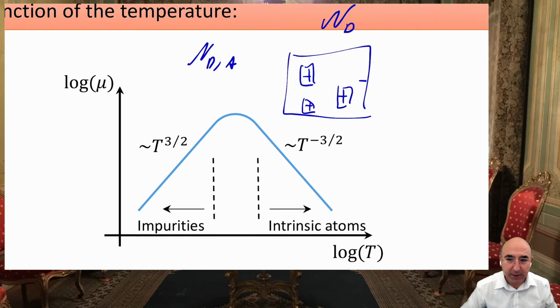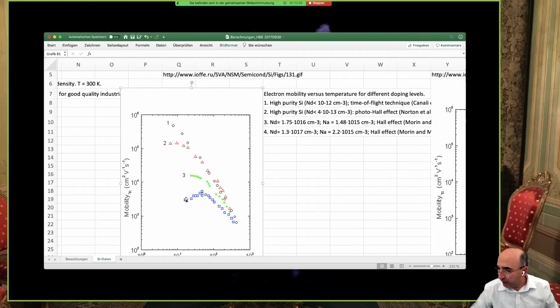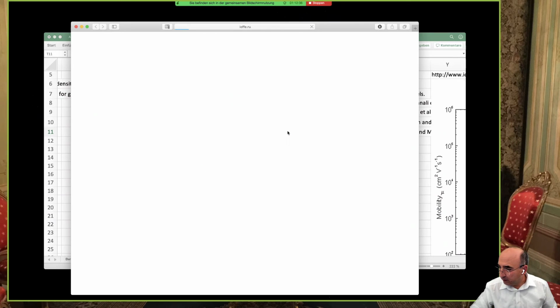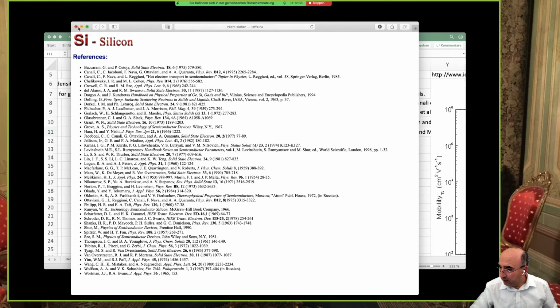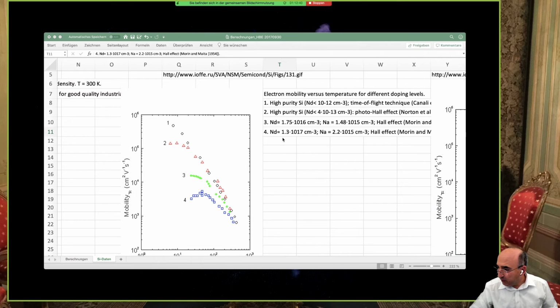Let's go to the measurements back. So number 4, we have a doping level of 10 to the power of 17 per cubic centimeter.